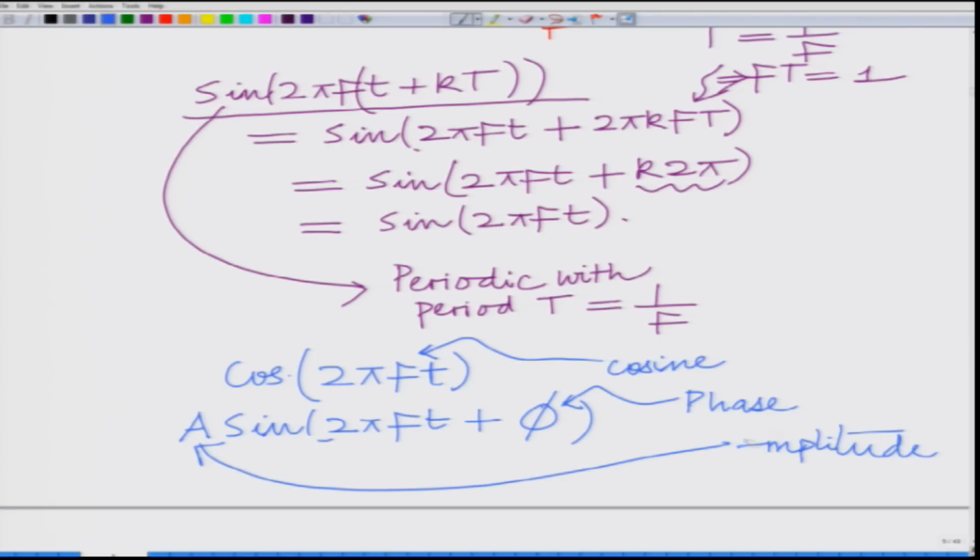So, this is a general sinusoidal signal with frequency f, a pure sinusoid, and its fundamental period is capital T equals 1 over f.